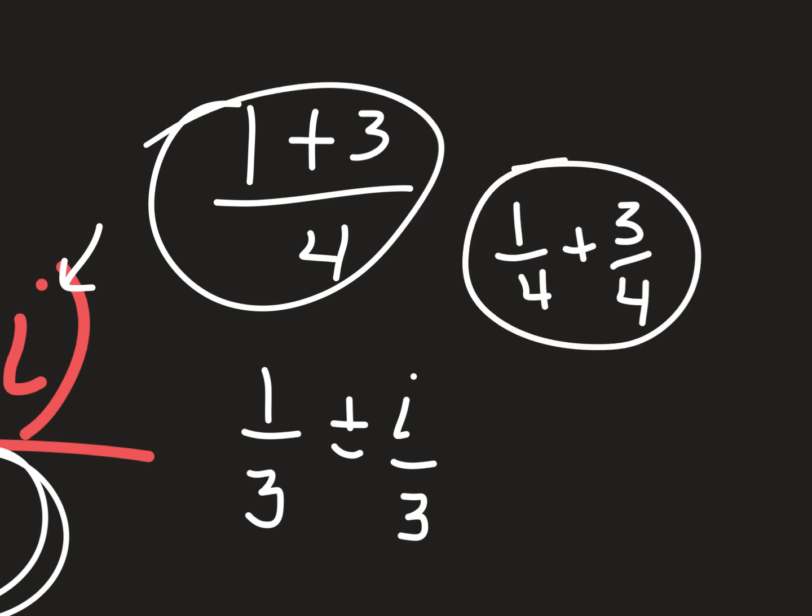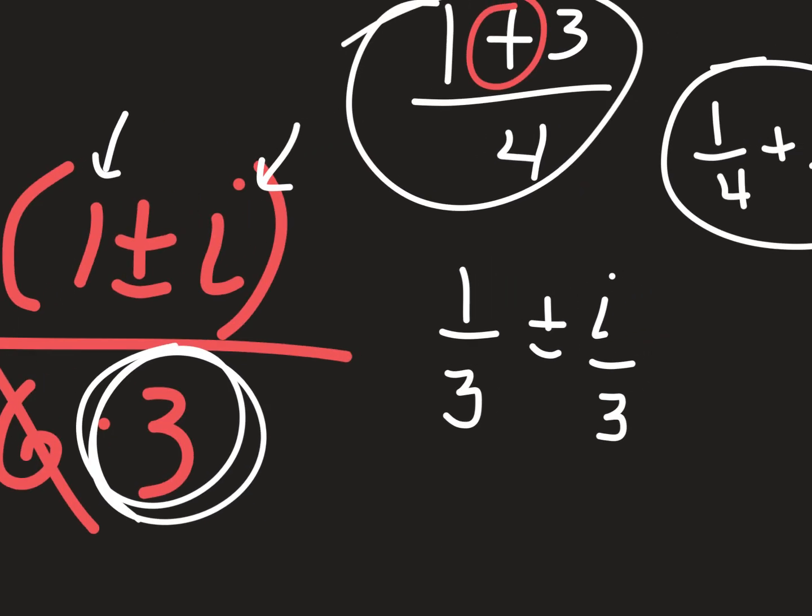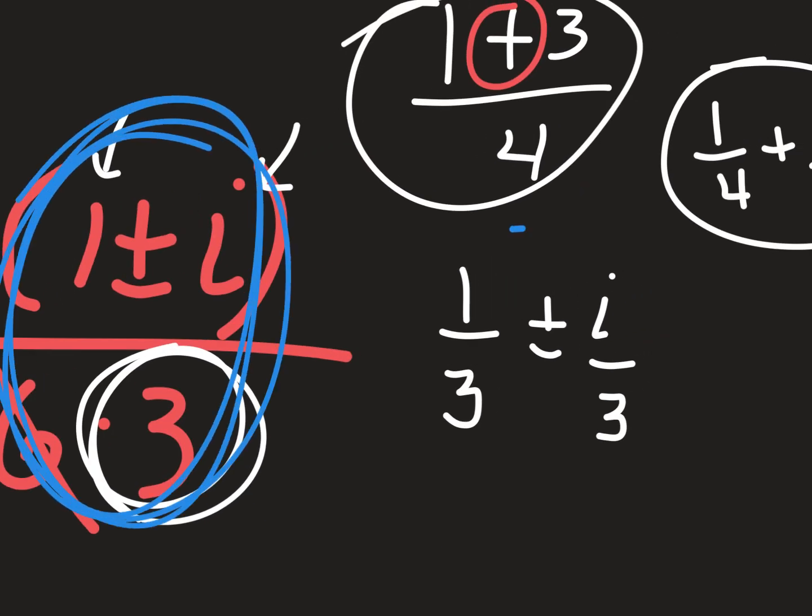Wouldn't that also give you 4 over 4? You can do that. If you got a plus like this, you can split it up into 2 parts. The 1 over the 4 and the 3 over the 4. Okay, so we could write this answer here as this answer here.